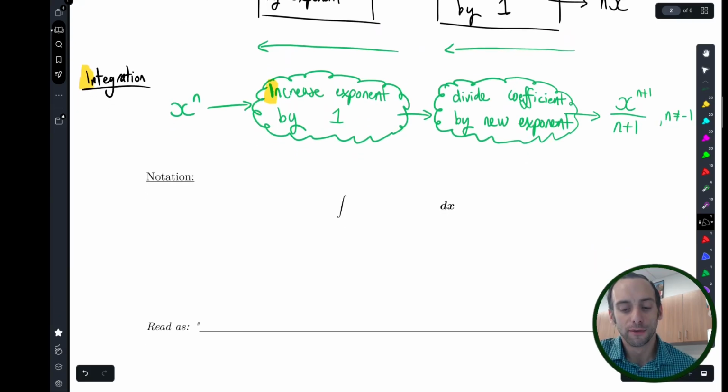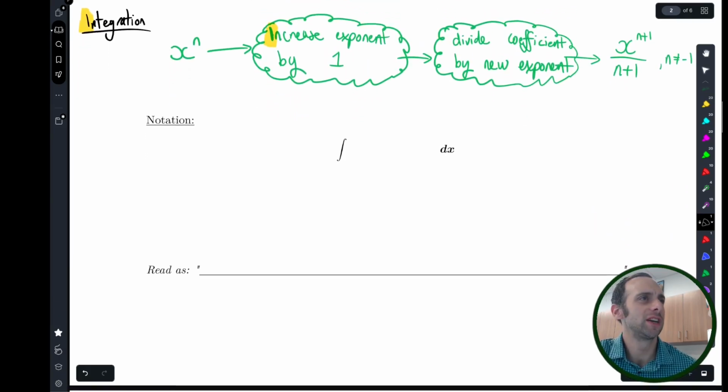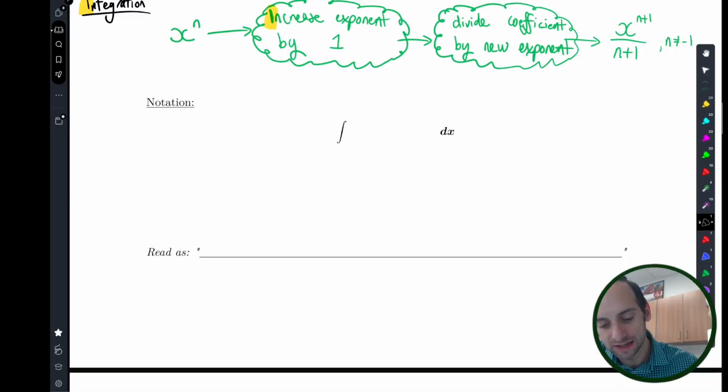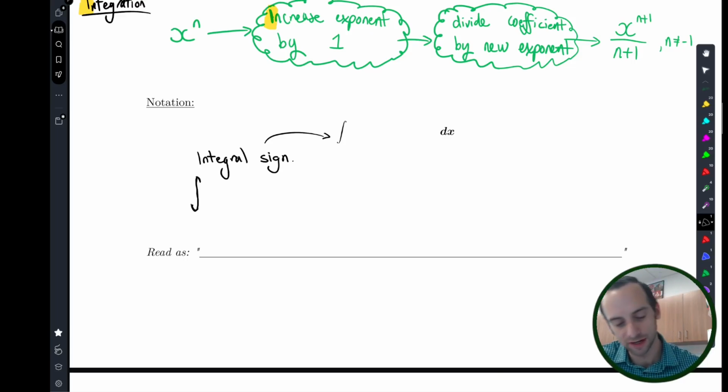Before we can do that, we need to understand the notation for integrals. It starts with this kind of unusual mathematical symbol, which is simply an integral sign. This one is typed out and looks perfect, but you can draw your integral signs kind of like this little double hook thing. They can be somewhat vertical. They can go kind of diagonally backwards.